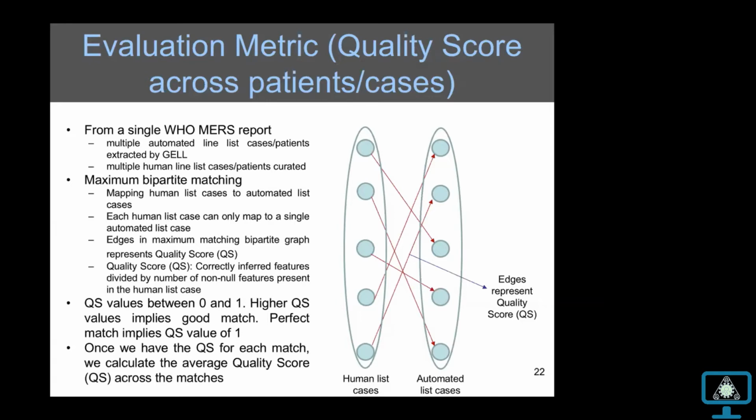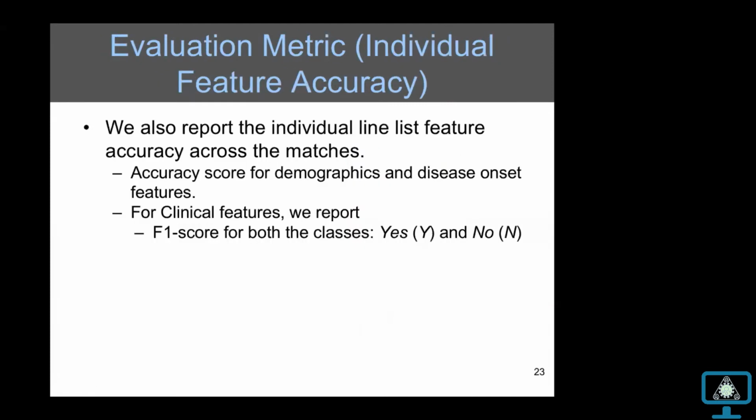So what we are trying to do is what is called a maximum matching bipartite graph that optimizes this quality score, which are the weights along these edges. So the higher quality score means that you've done higher quality matches, and lower quality score is when you miss several aspects of it and so on. We're essentially creating this bipartite matching problem. All the algorithm's outputs are on the right and all the ground truth cases are on the left, and then we're trying to distill it into a single numerical measure here.